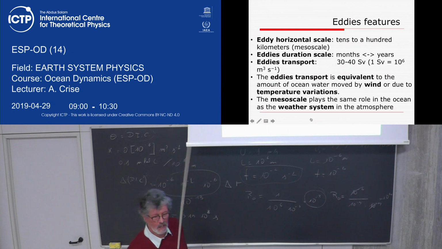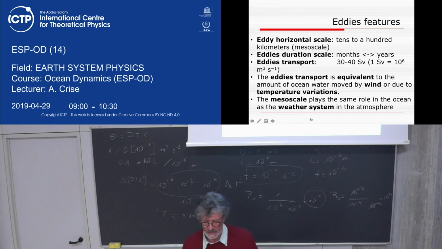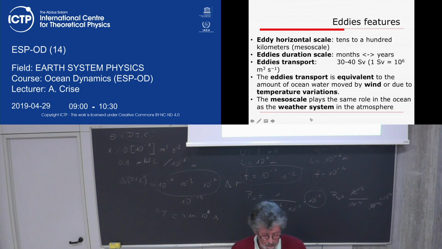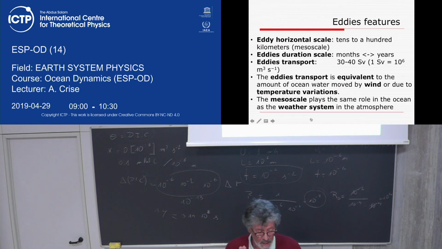So we cannot forget eddies in terms of average transport. I'm basically a modeler, and in a good model, when you want to transport also biogeochemical tracers, you do have eddies inside, otherwise your transport will be too weak.